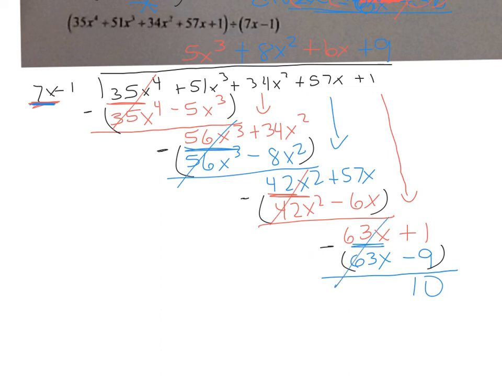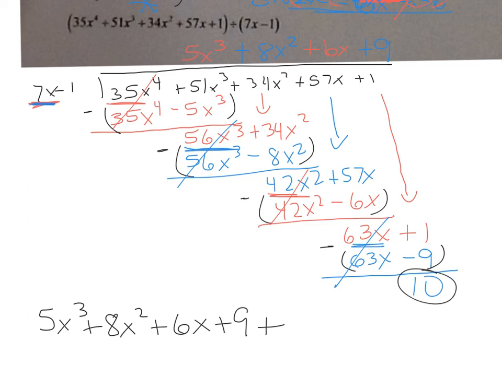My remainder is 10. So how you write this is just like this. This would be my answer. My final answer here would be 5x to the third plus 8x squared plus 6x plus 9 plus, now you're going to add this in, and you add it in as a fraction, 10 over the divisor, 7x minus 1.